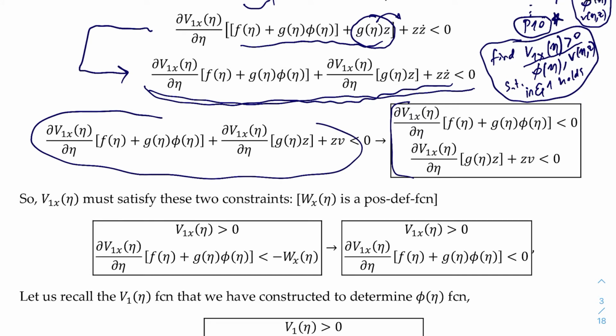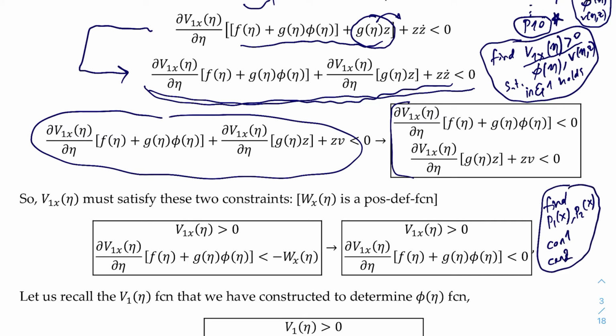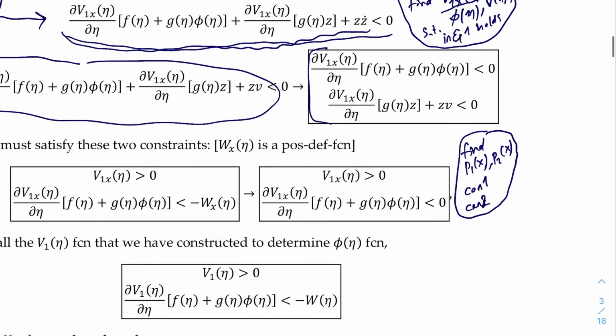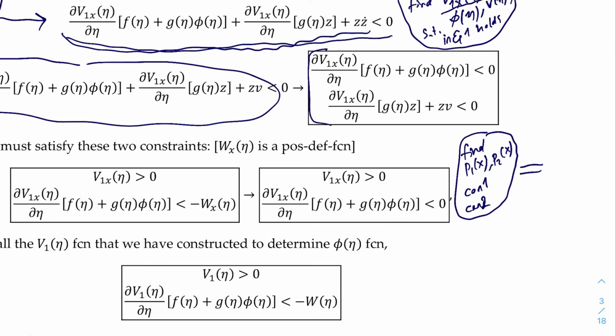We just change this constraint. Let's say we need to find p1 of x and p2 of x, and there will be some constraint 1, constraint 2, right? And this is our problem 1, but due to some reasons this is hard, right?